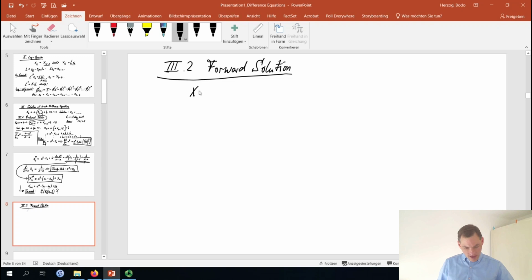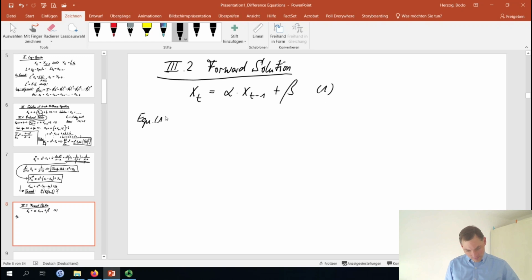So suppose we have again a function x of t, and instead of a, let me call it now alpha, in order not to mix it up with the previous backward solution, alpha times x of t minus 1 plus a beta term. Okay, that's the problem.